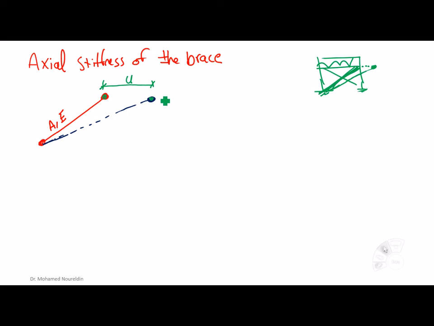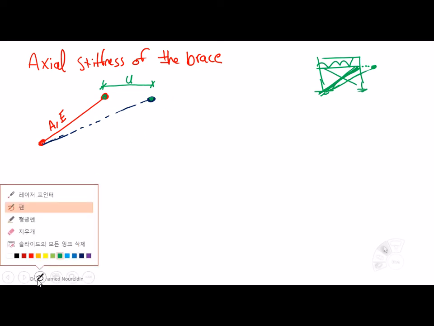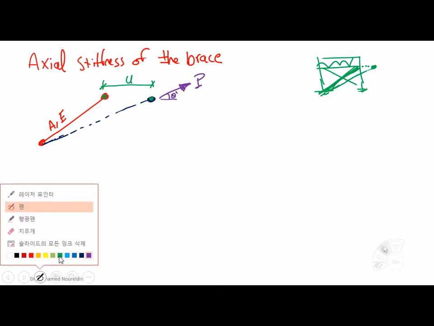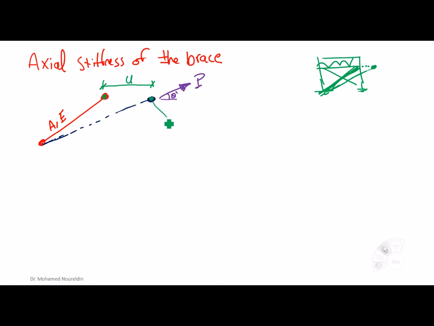However, the force applied on the brace is only an axial force, right? So we have P here, which is the axial force, and it makes an angle, theta prime for example, with the horizontal. The elongation in this brace is going to be called delta.